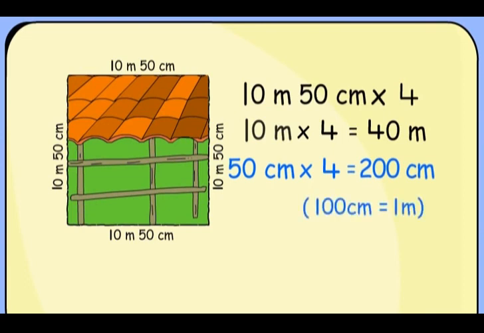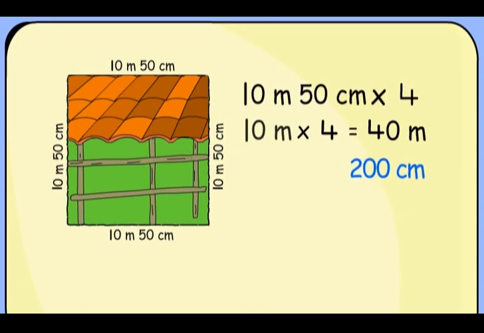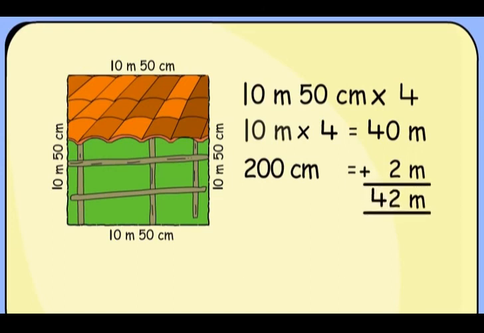Remember, 100 centimeters is equal to 1 meter. So, 200 centimeters is equal to 2 meters. 40 meters plus 2 meters is equal to 42 meters. So, the length of the boundary of the cow shed is 42 meters.